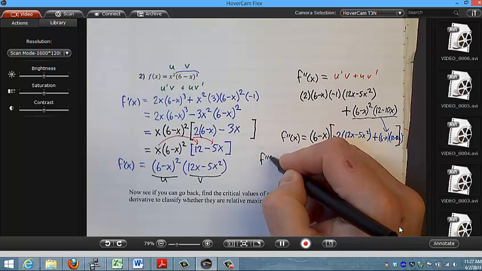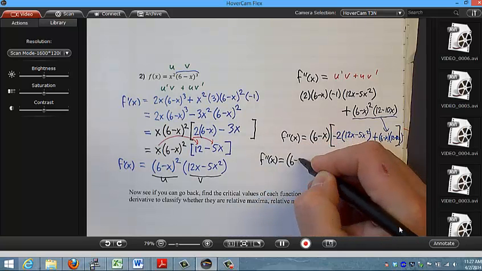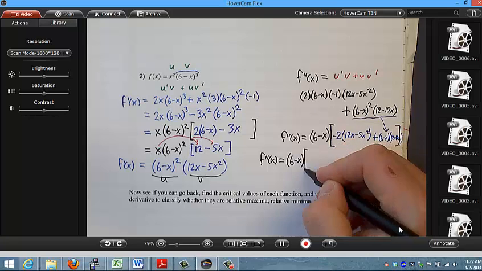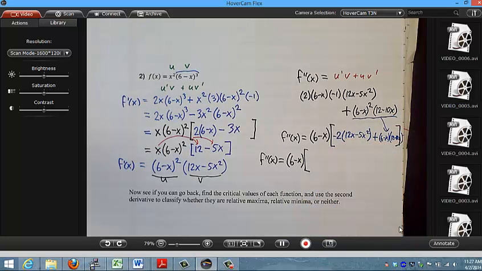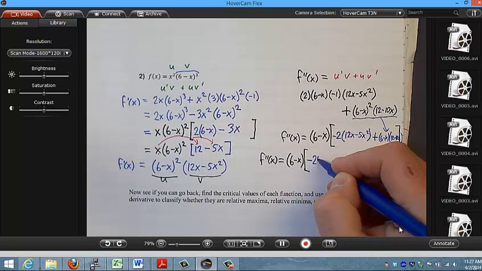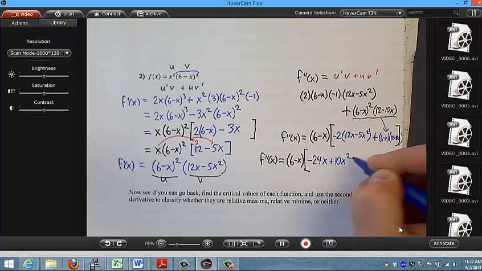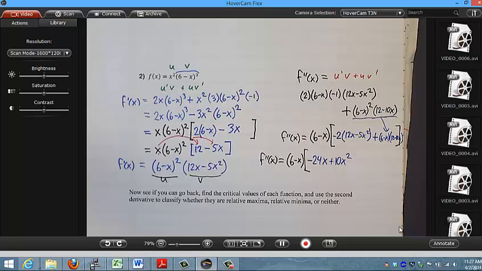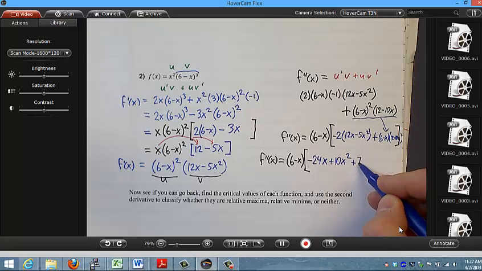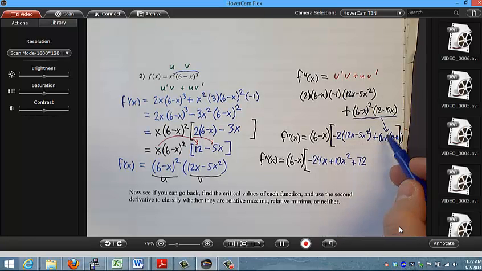f double prime of x equals 6 minus x times. Now let's see. The part at the beginning here. Oh, you could distribute that -2. You get -24x plus 10x squared. And then what do you get here? Wow. 6 times 12 is 72. 72. And then I get minus 60x minus another 12 is minus 72x.